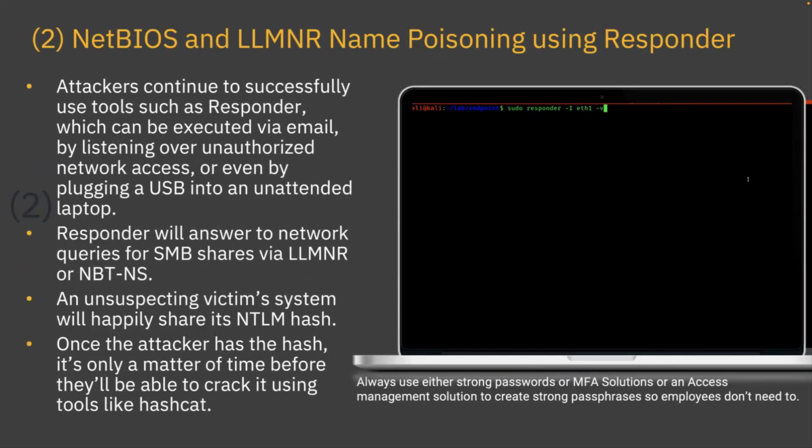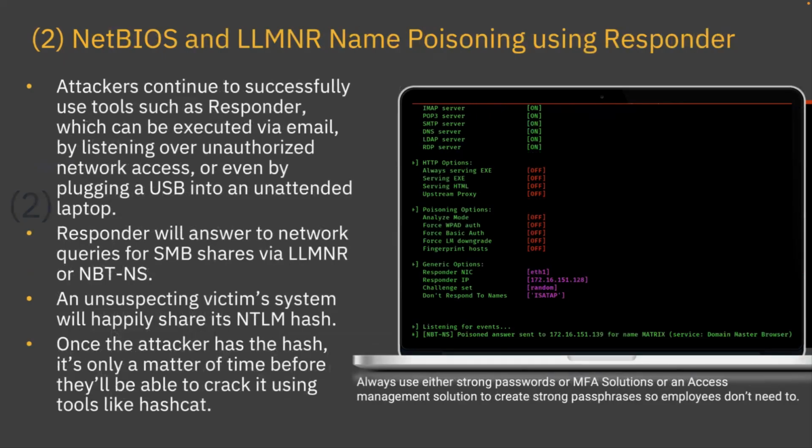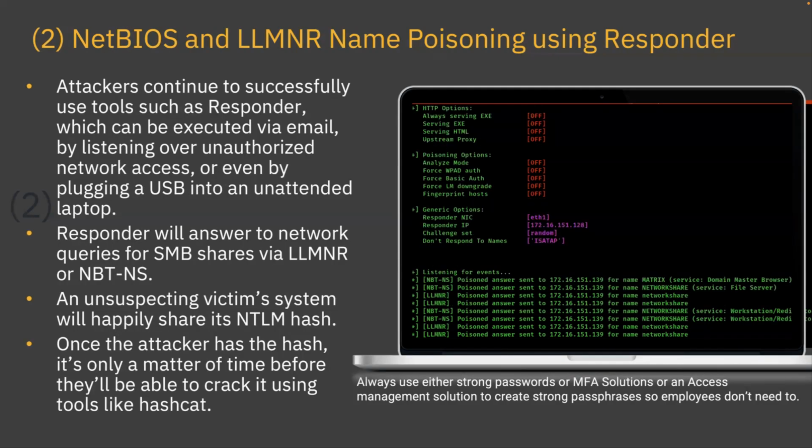Another attack is LLMNR name poisoning using a little tool called Responder. So I've got access to the network. I can simply plug in a USB or drop it via mail, but essentially Responder will then answer network queries.